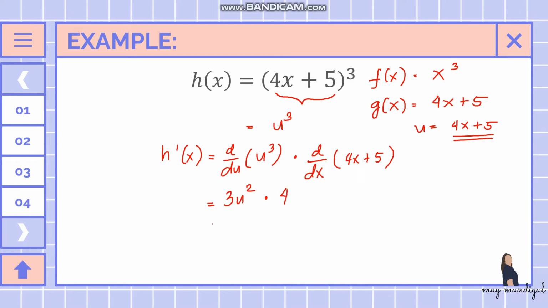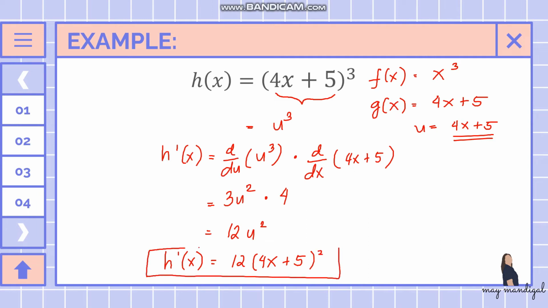From here, you can simply multiply, so you have 12u squared. But remember, u is 4x plus 5, so you still have to substitute it back. So 12 times 4x plus 5 squared. That's it. This is now the derivative of our function.